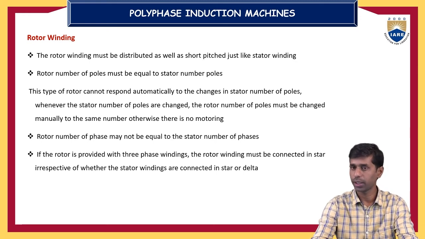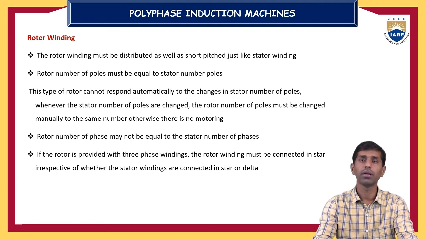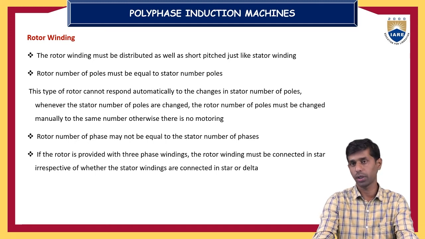The stator winding can be either star or delta, three phase. Your rotor winding may not have an equal number of phases, but the winding structure should be star if it is a three phase winding, and the number of rotor poles and stator poles should be equal. The poles of the stator and the poles of the rotor should be equal. If not equal, the motoring action will not be possible.